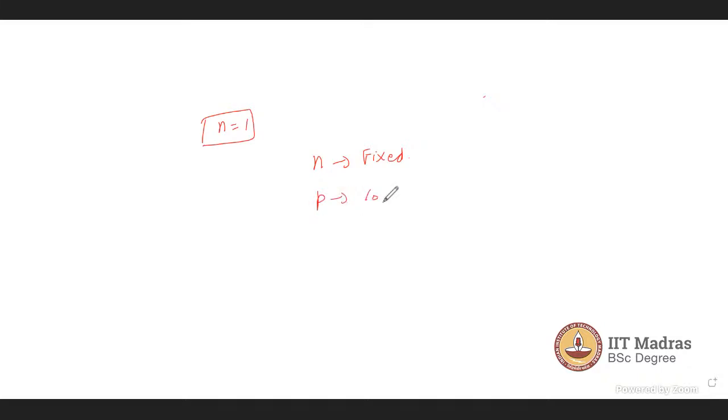Your p should be constant for all the trials. Like in the first trial, if p equals 0.4, then in the second trial it should be 0.4, for the third and so on up to the nth trial, it should remain 0.4. Third is your trials should be independent.